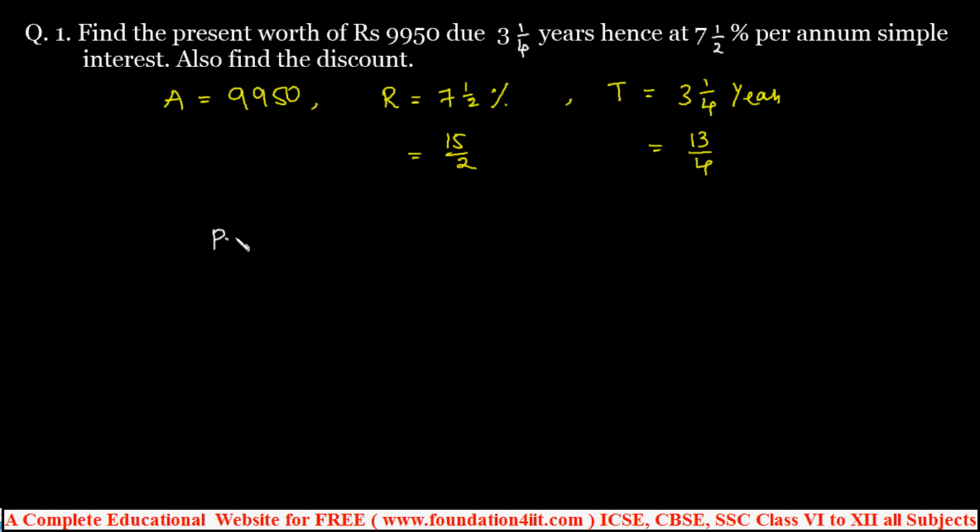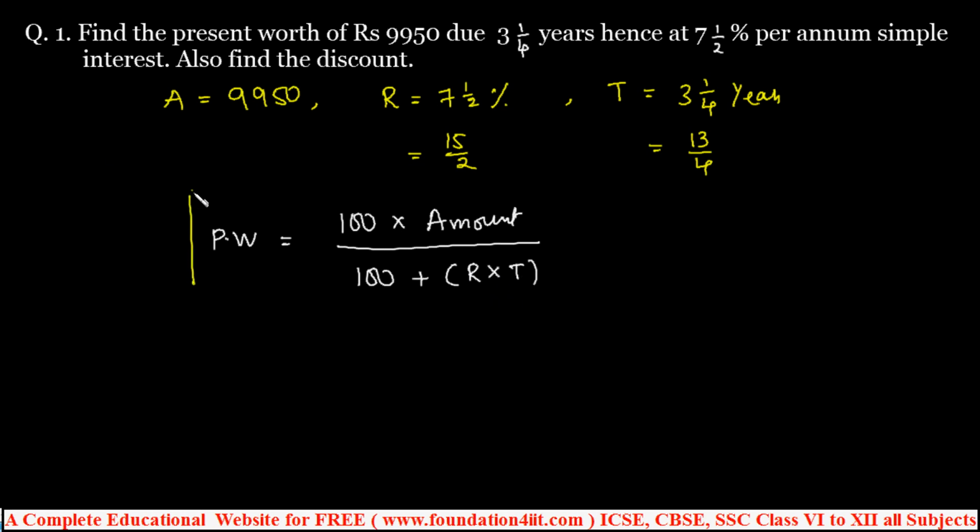We know the formula. Present worth is equal to 100 into amount divided by 100 plus r into t, rate of interest into time. This is the formula we need to remember. Just straight away you can apply the values in this formula and you get the answer, right?